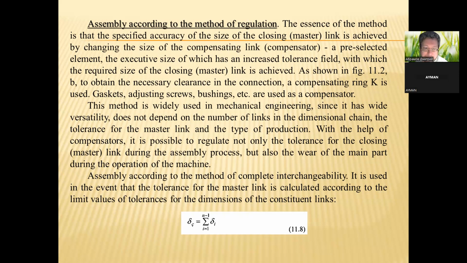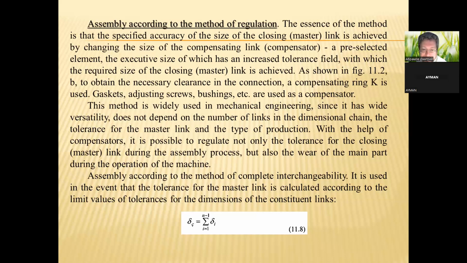With the help of compensators, it is possible to regulate not only the tolerance for the closing or master link during the assembly process, but also the wear of the main part during the operation of the machine.